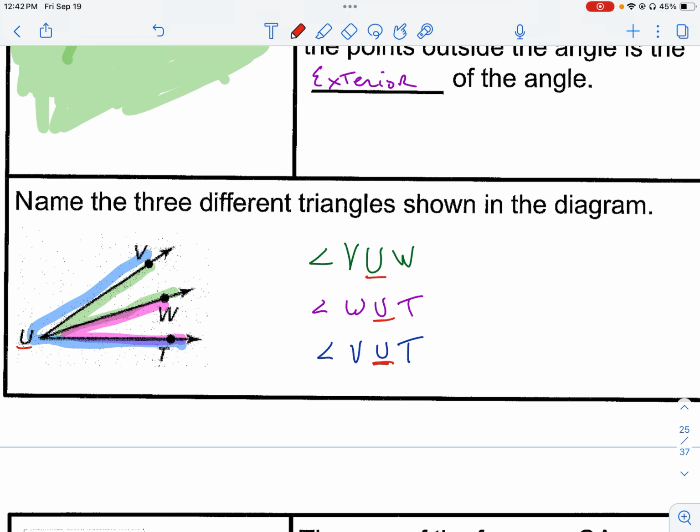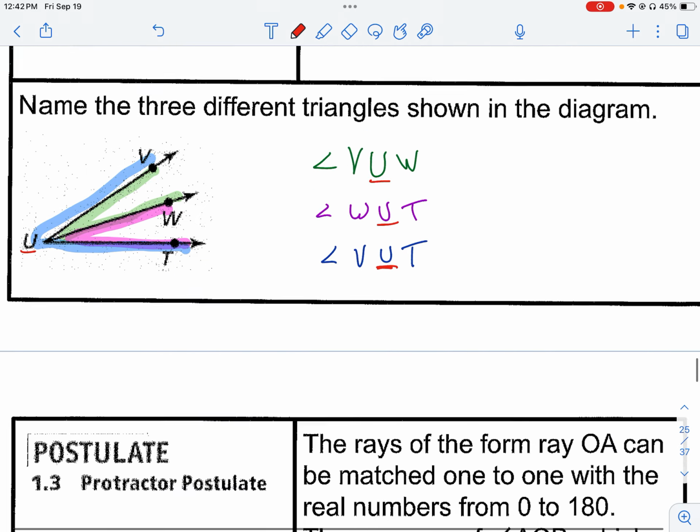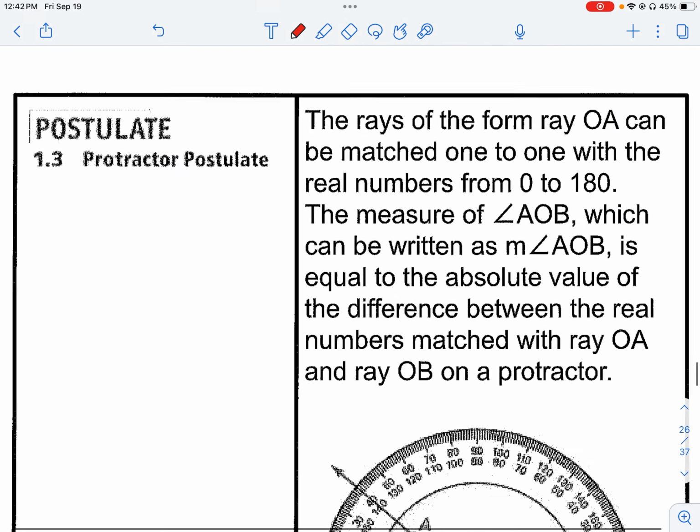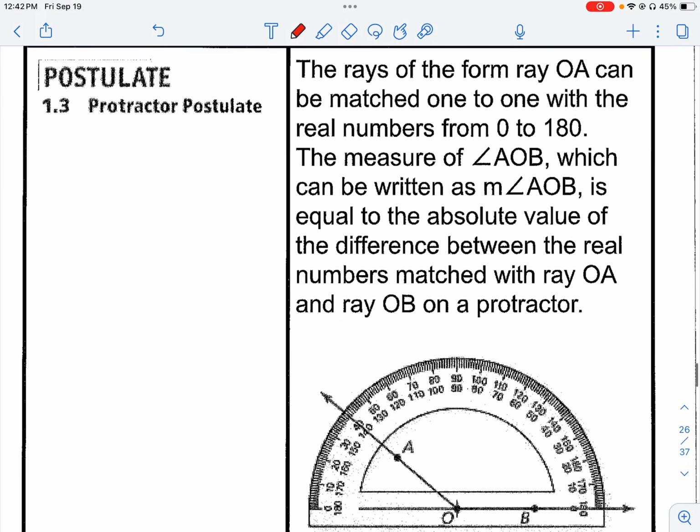All right, so now that we know what an angle is, let's look at how we use it. We're going to talk about our protractor postulate. Earlier in the series, we talked about the ruler postulate. A protractor is just a ruler for angles.